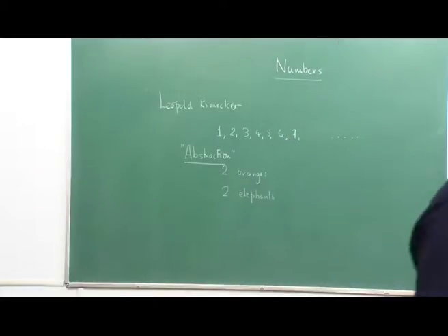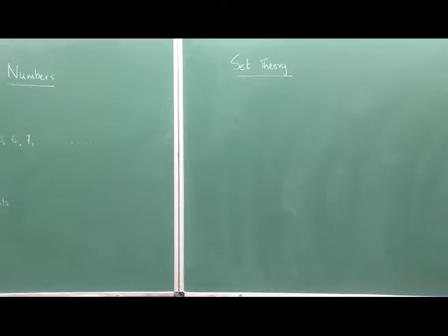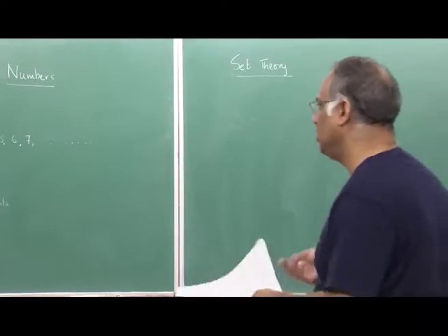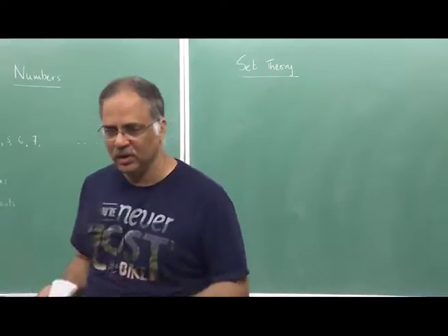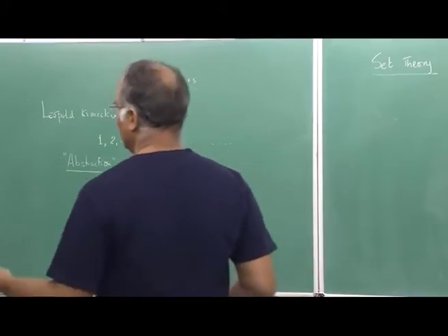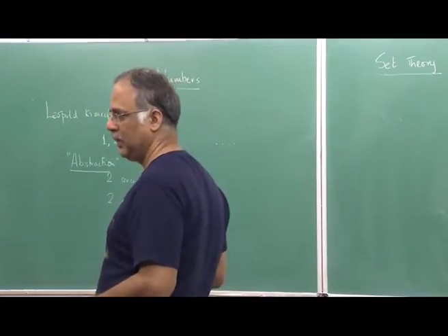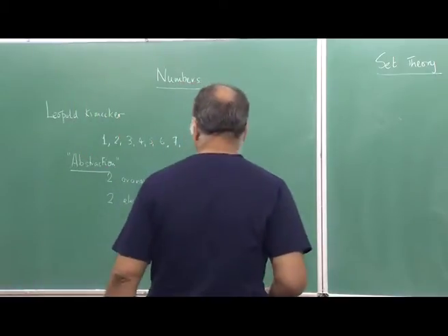Do not try to define sets as a well defined collection of objects and all those things, because that will get into logical problems. So, you know what a set means. You always had, say, a set of your friends or a set of your classmates, a set of all cars in India, or a set of all potholes in the city roads.